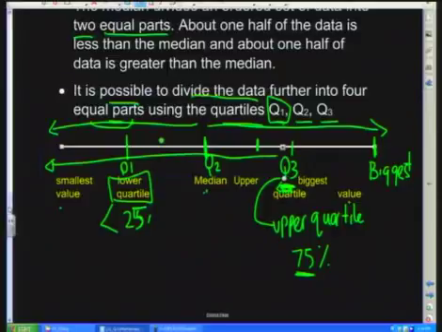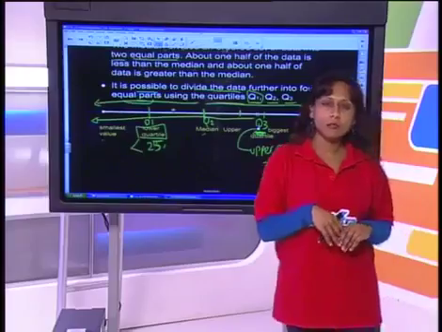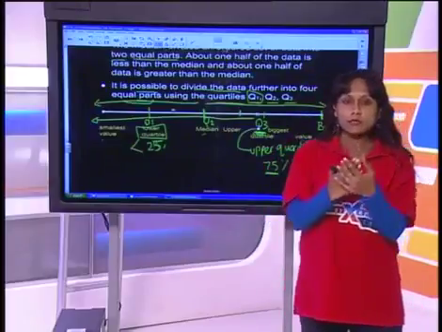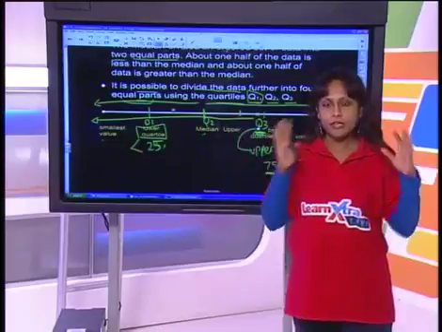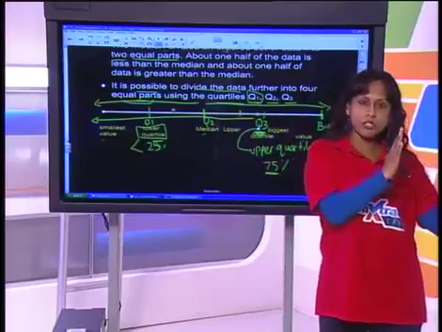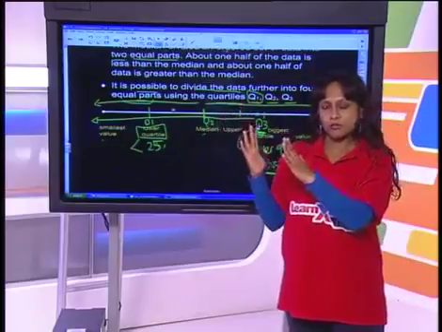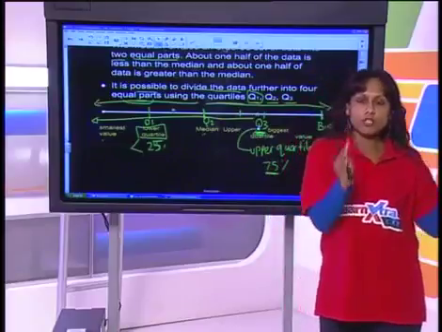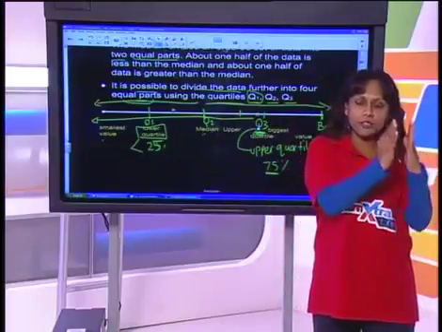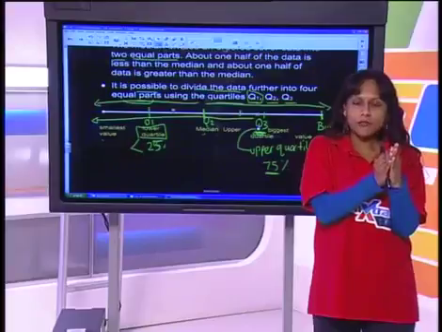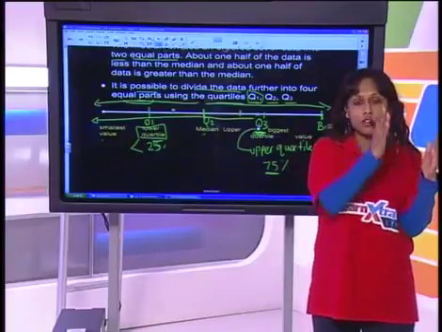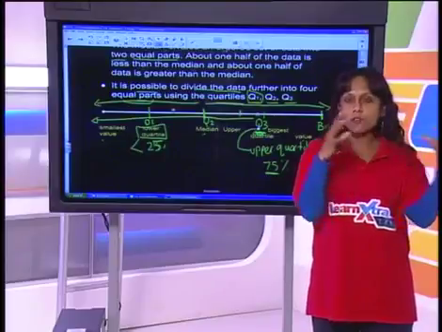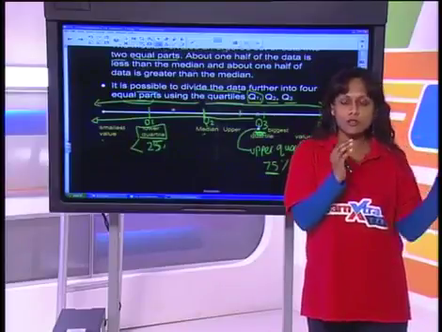Okay, so let's just go over it again, because something's out of place on this number line. You have your median, which divides your set of data into 2 equal pieces. Then you get the lower portion and the upper portion. Within the lower portion, you can do a further subdivision into 25%. So you can say 25% of whatever you're looking at, which is your lower quartile, lies below this certain value.